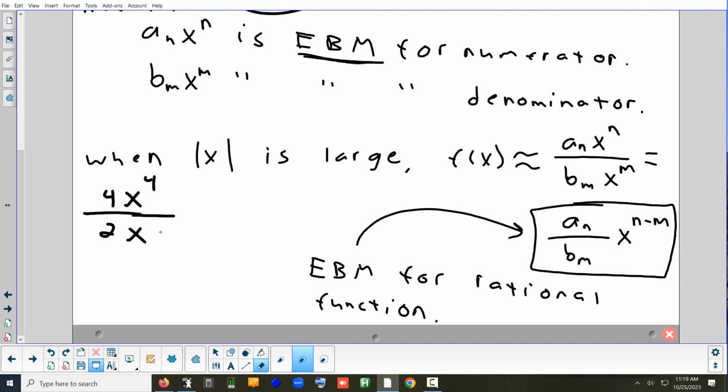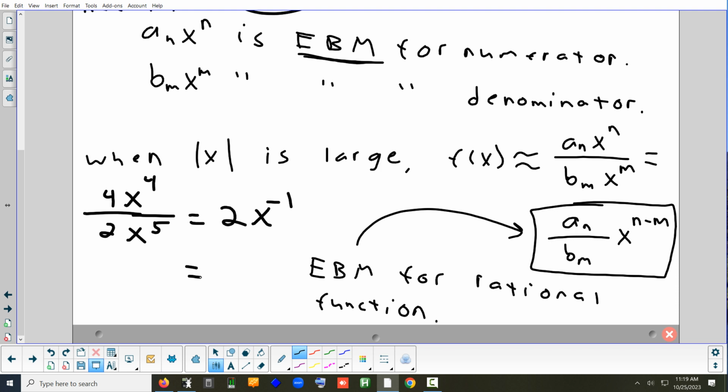Let's do it the other way: 4x to the 4th over 2x to the 5th. Well, you can reduce the numbers that are in front. So 4 over 2 reduces to 2. And if you wrote x to the -1 next to it, you're technically not wrong. You could start with that. But what does that really mean?